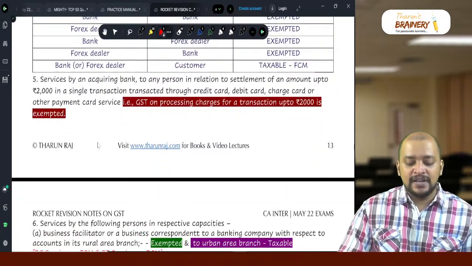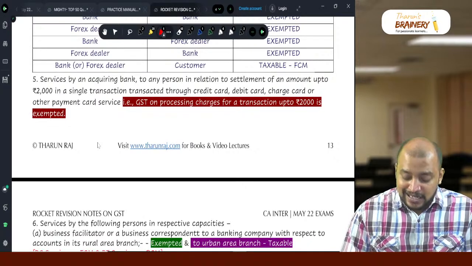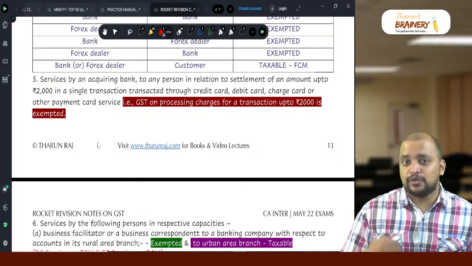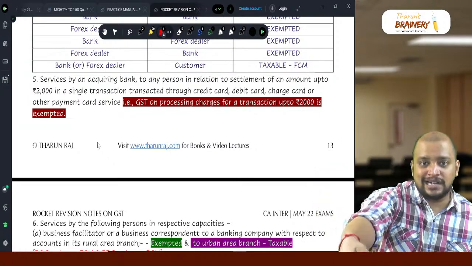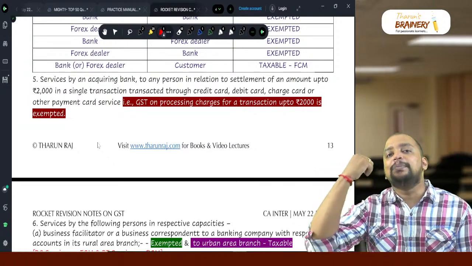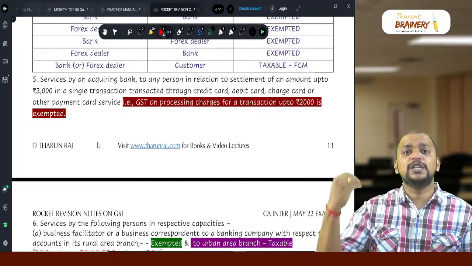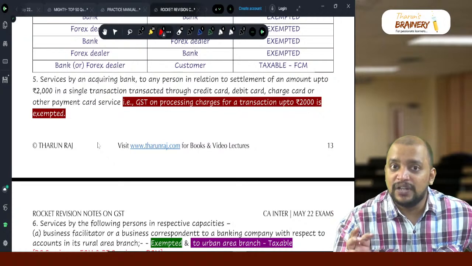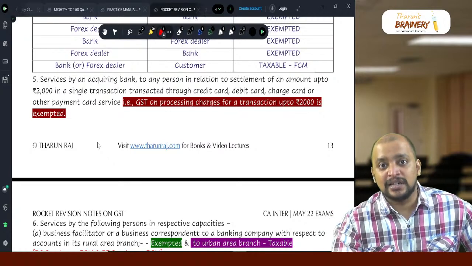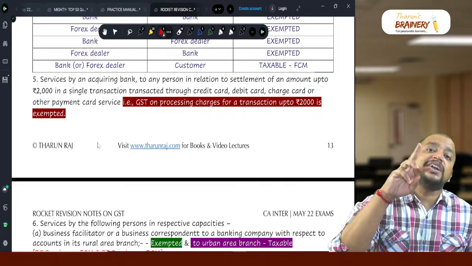Then number 5, service by an acquiring bank. Whenever we make a payment by debit card or credit card, some amount will be deducted as processing fee by the acquiring bank. That processing fee will be chargeable to GST if the swipe amount exceeds 2000.